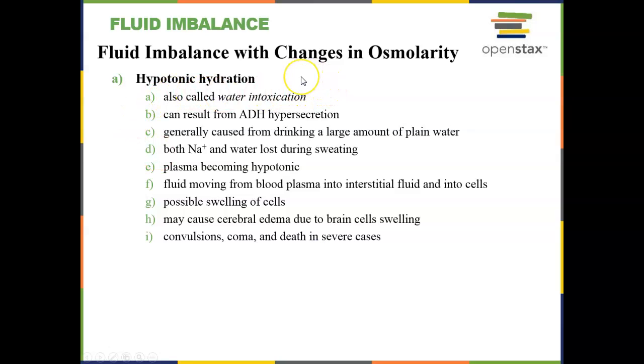And then we have hypotonic hydration, where you have too much water. So if you have ADH hypersecretion, you're not releasing any urine at all. But typically we see hypotonic hydration when we are drinking large amounts of water. So this could be because you maybe were dared to drink a lot of water, or it could be because you're very thirsty.